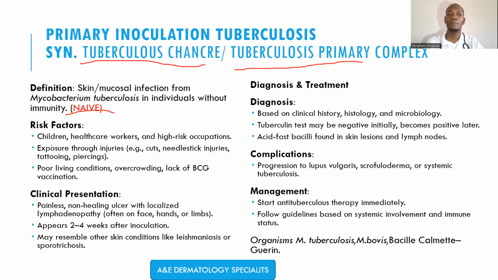This is commonly seen in children and healthcare workers. So you are working in a hospital setting, you have a TB patient who coughs on linen, and you touch that linen unknowingly, then you end up with inoculation of the bacteria into your skin.